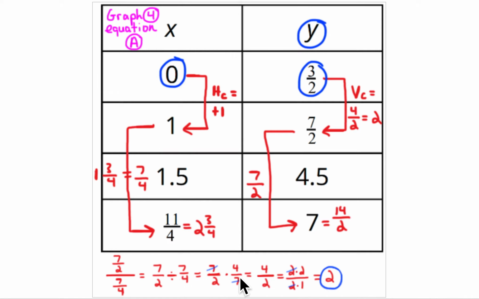So you're going to multiply by the multiplicative inverse or by the reciprocal. So 7/2 times 4/7 is equal to, the 7's cancel out. You're left with 4/2, and 4 divided by 2 is 2, or you can factor them out and cancel. So 2 times 2 over 2 times 1, these 2's cancel, you're left with this 2.